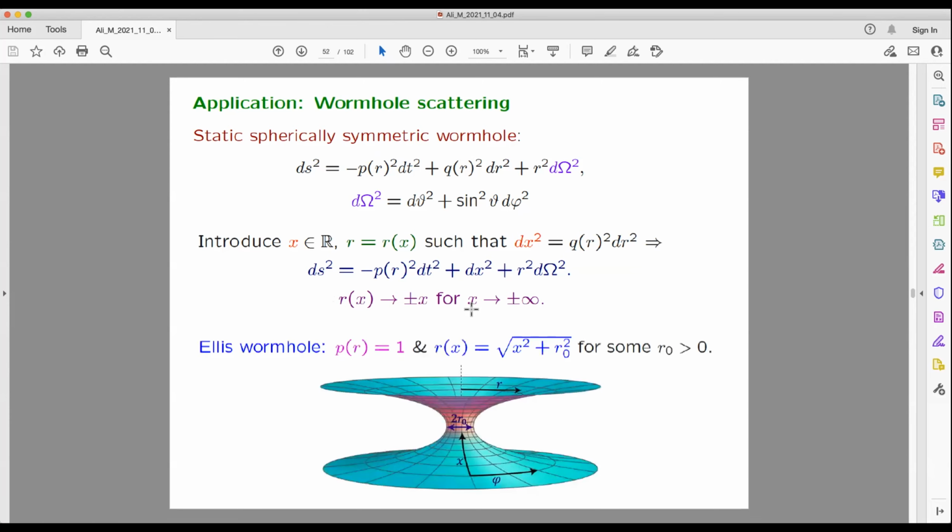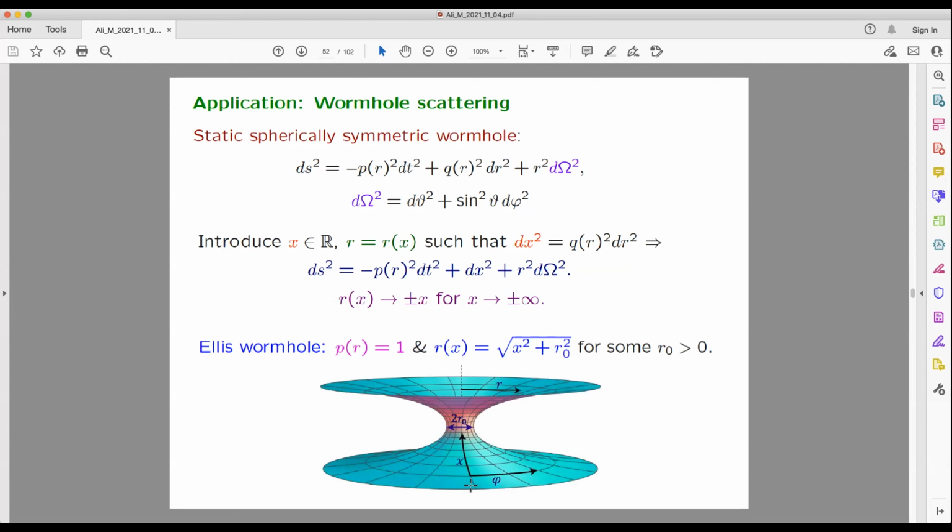The best example is the old Ellis wormhole, where this coefficient P of R is just 1, and I will only consider this case throughout. This function R of x has this form, and this is a schematic picture of what happens. This x is the global coordinate.